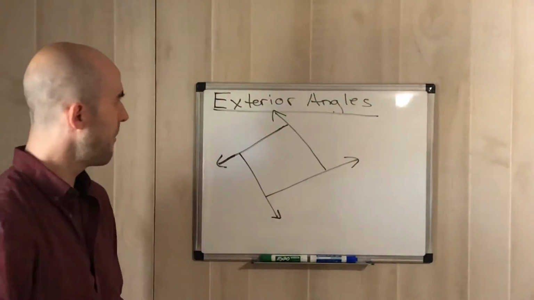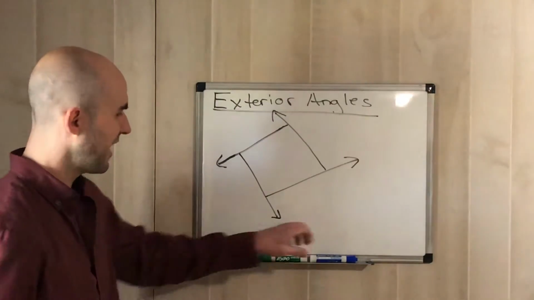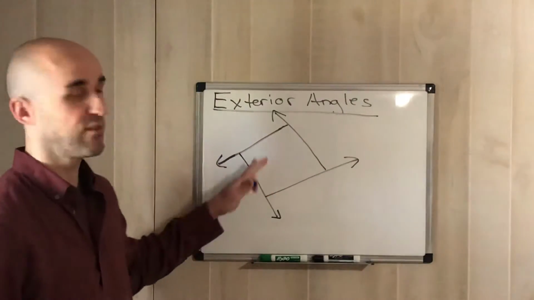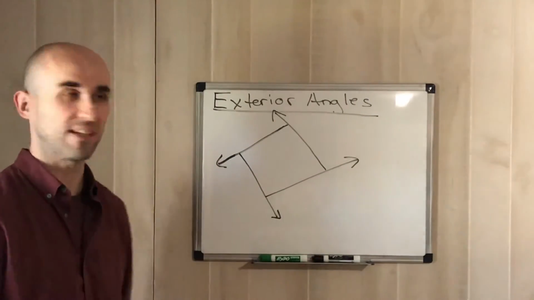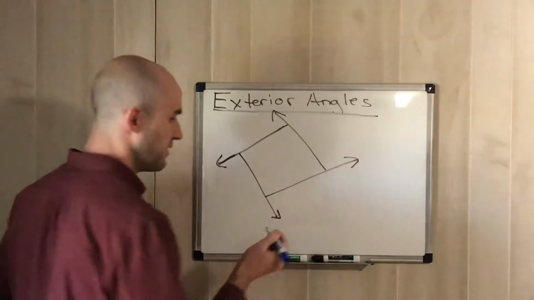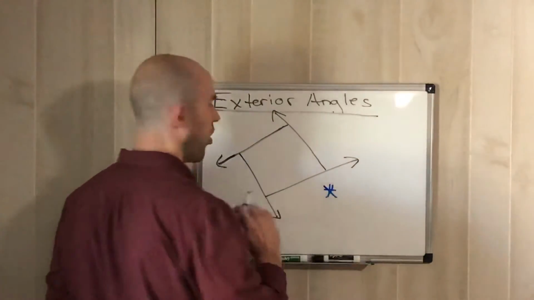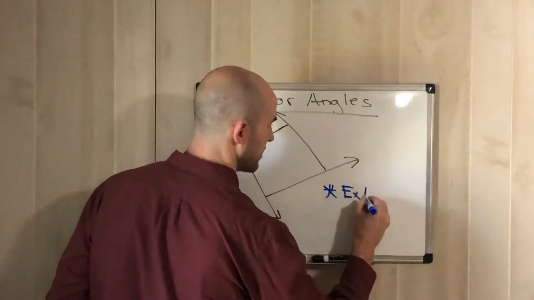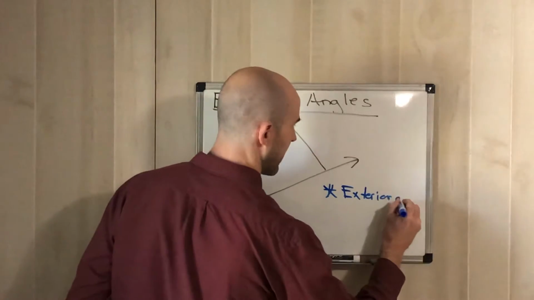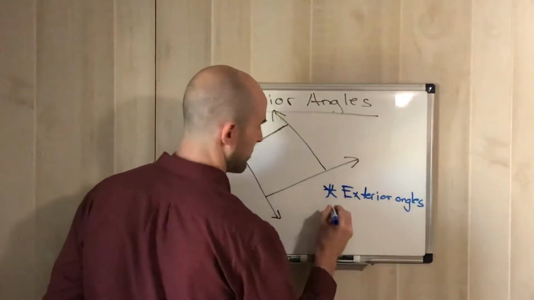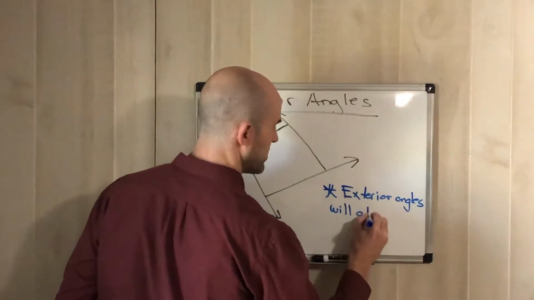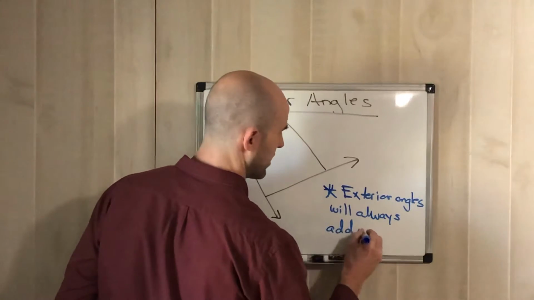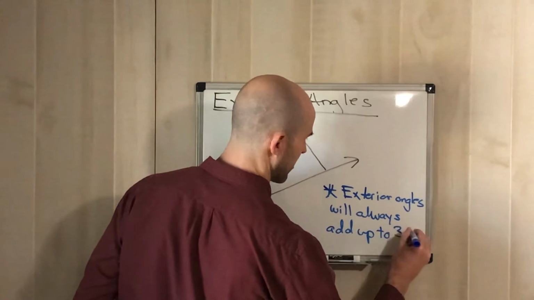And the thing that we know about the exterior angles of a polygon is, whenever we're dealing with exterior angles, it doesn't matter whether the figure has 4 sides, 10 sides, or 20 sides, the exterior angles will always add up to 360 degrees, always.